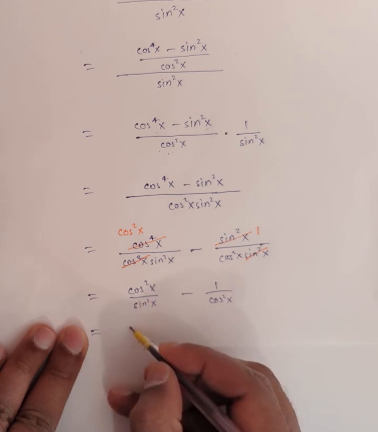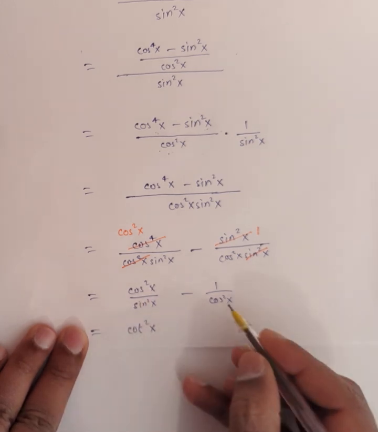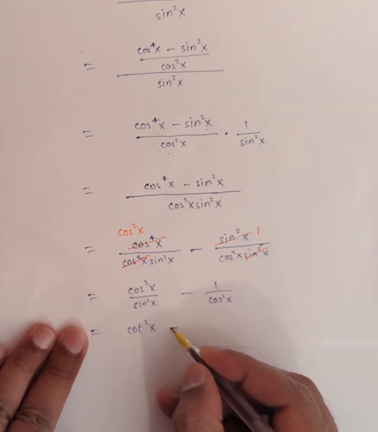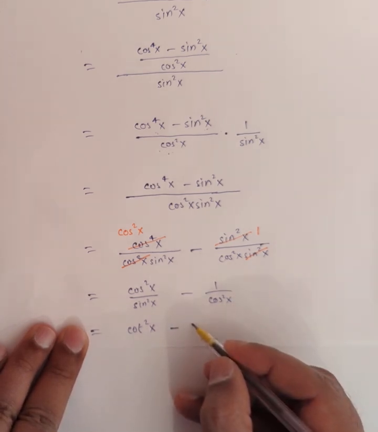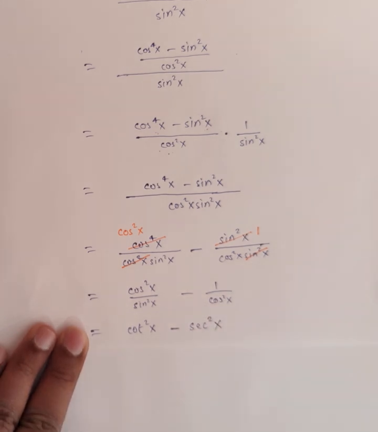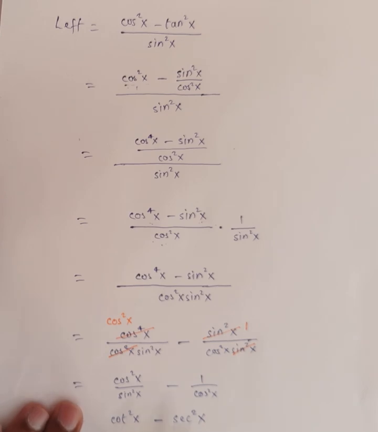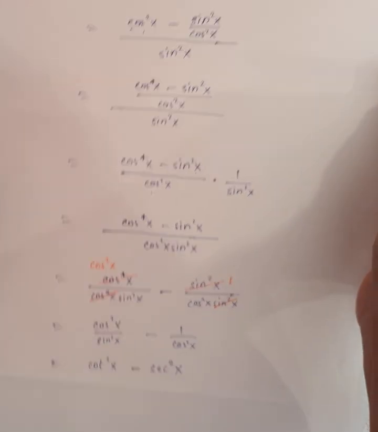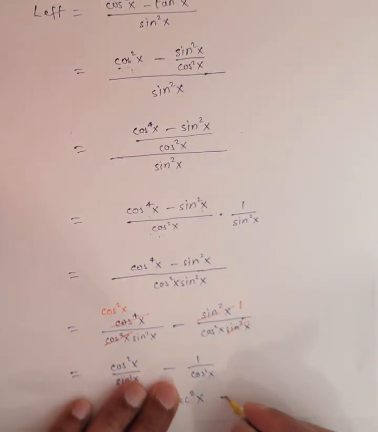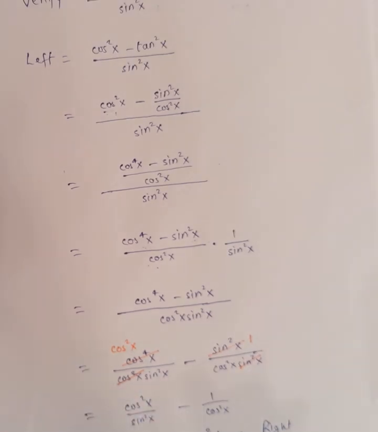So this is going to be cot square x. And what is 1 over cos square x? Cosine and secant are reciprocals of each other. So look, we arrived at cot square x minus secant square x, which is the same as the right side. So we started on the left and arrived at the right. So we are done.